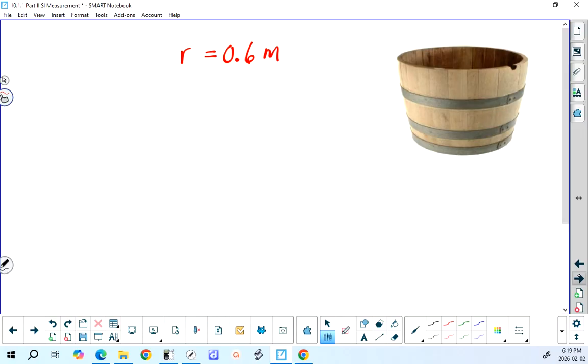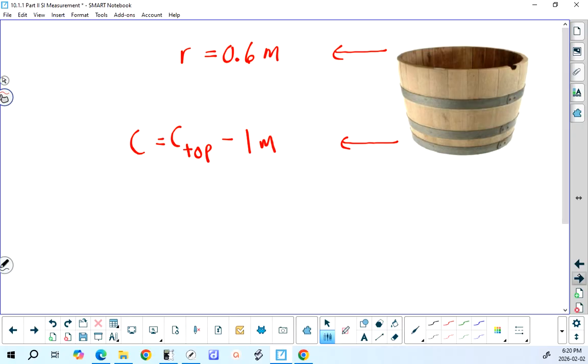And by the way, anything I'm writing up here is dealing with the top, and anything I'm writing here is dealing with the bottom. The circumference of the bottom is the circumference of the top minus 1 meter. That's what you're told. You're told that the band around the bottom is 1 meter less than the band around the top.